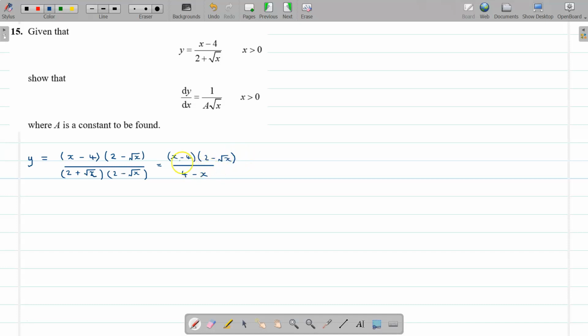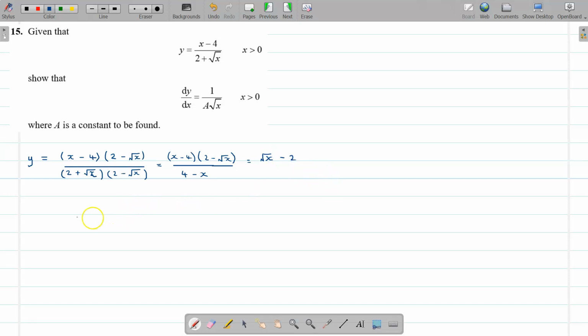In fact, that's the negative of that. So if you just put a minus sign in front of the whole thing, you can cancel those out. But better than that, swap these two over, and that then becomes positive again. So the 4 minus x and x minus 4 cancel with a minus sign.